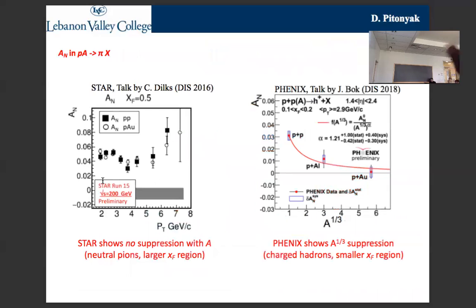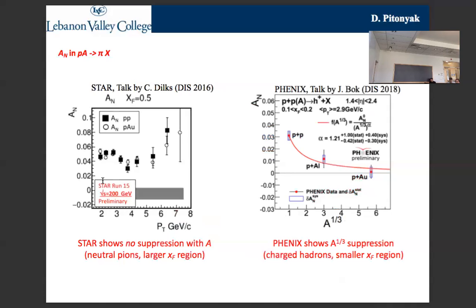Okay, so before moving on, I wanted to also talk about A_N in pA collisions, where STAR has data on the pi 0 A_N in pA collisions, and they find no suppression with A. PHENIX has results for A_N for unidentified charged hadrons, and they find this A^(1/3) suppression with A_N.